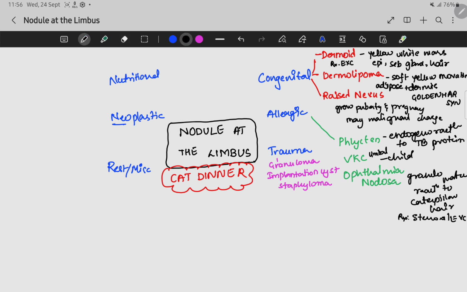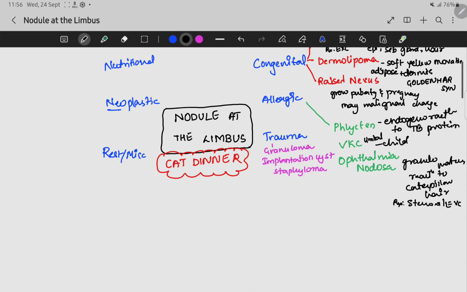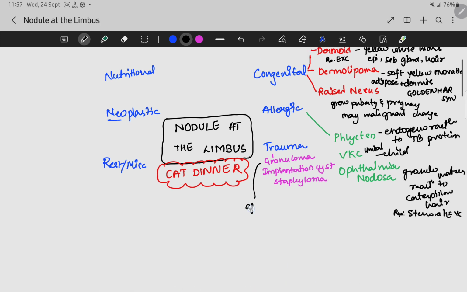Coming to granuloma, it can be formed after a surgical wound, like after squint or pterygium surgery. So treatment is with surgical excision.